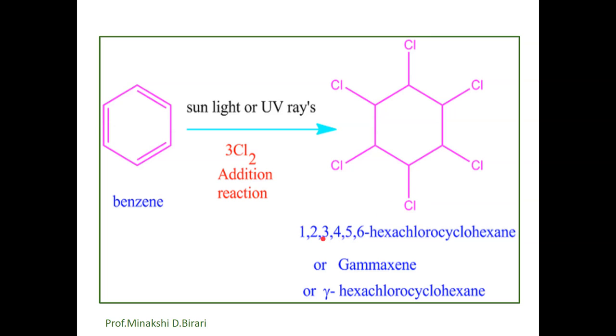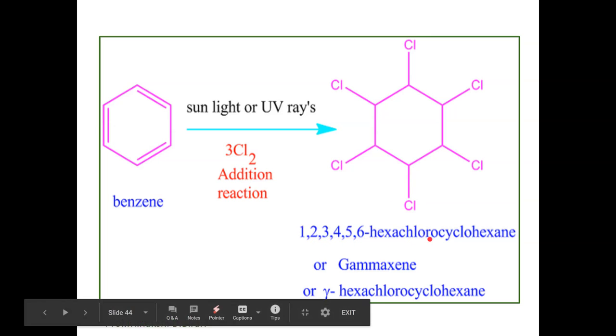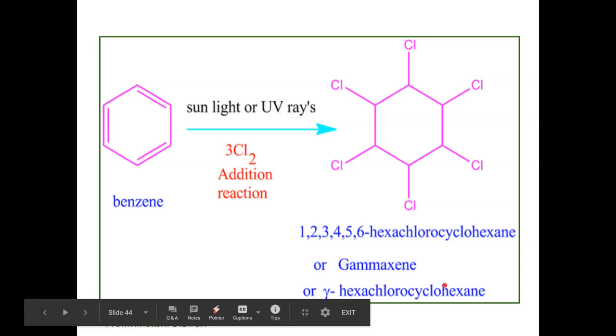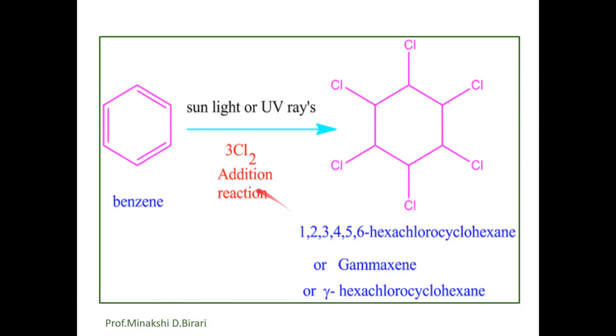It is also called 1,2,3,4,5,6-hexachlorocyclohexane, or gamexane, or gamma hexachlorocyclohexane. So BHC is prepared by chlorinating benzene between 5 degrees Celsius and 60 degrees Celsius in the presence of sunlight or UV radiation.